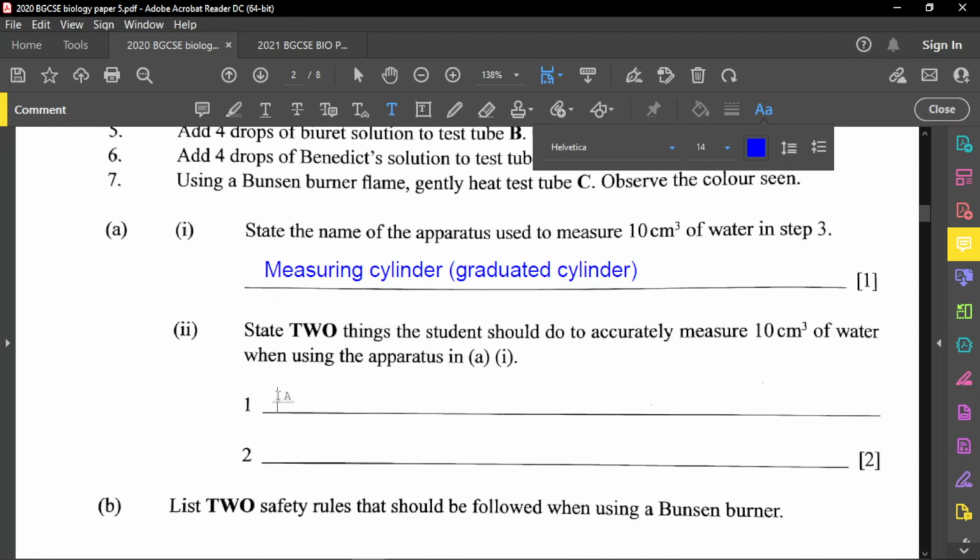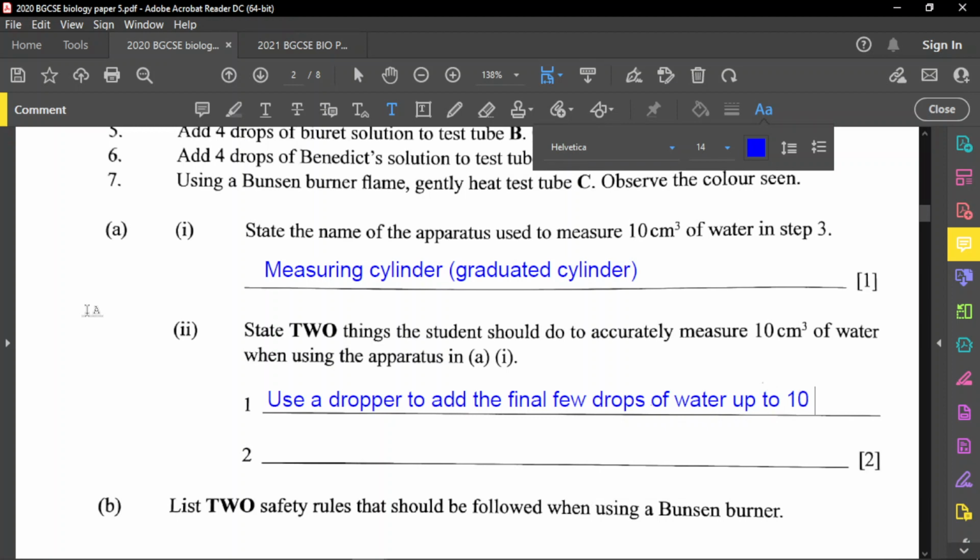One is to use a dropper to add the final few drops of water up to 10 centimeters cube.